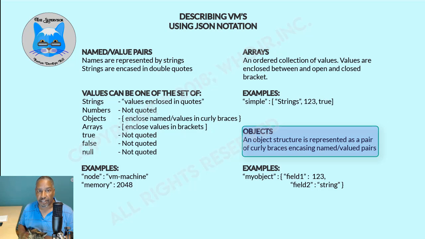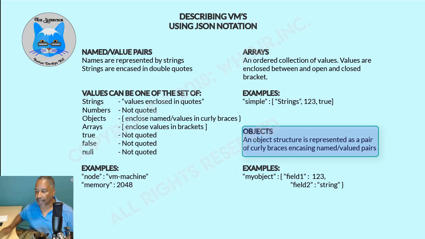Objects are very similar to arrays in that they group values together. But what objects group is actually name value pairs. This allows us to create a collection of name value pairs that are used to describe the object.